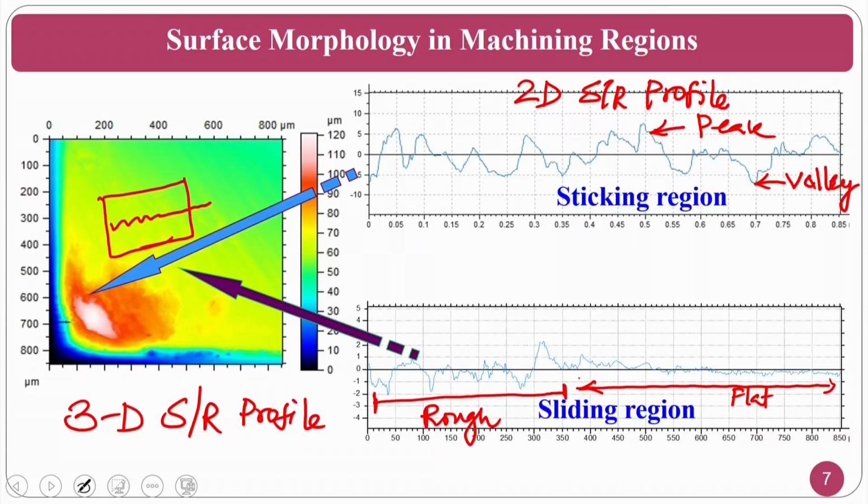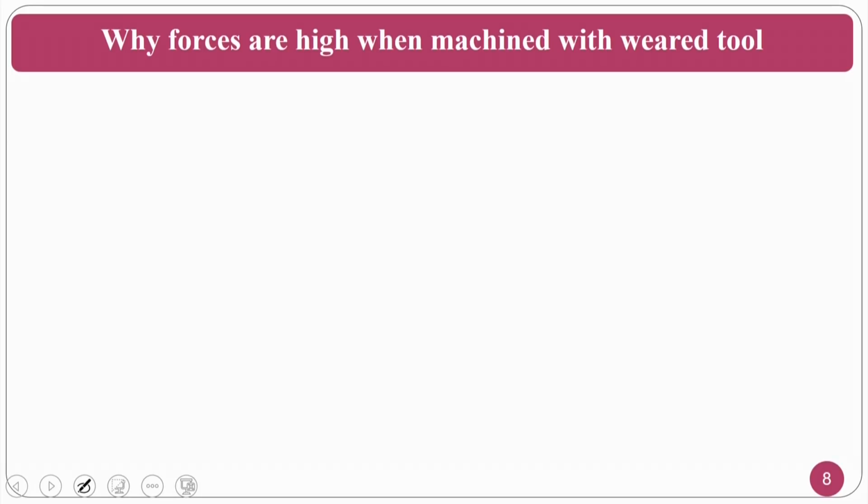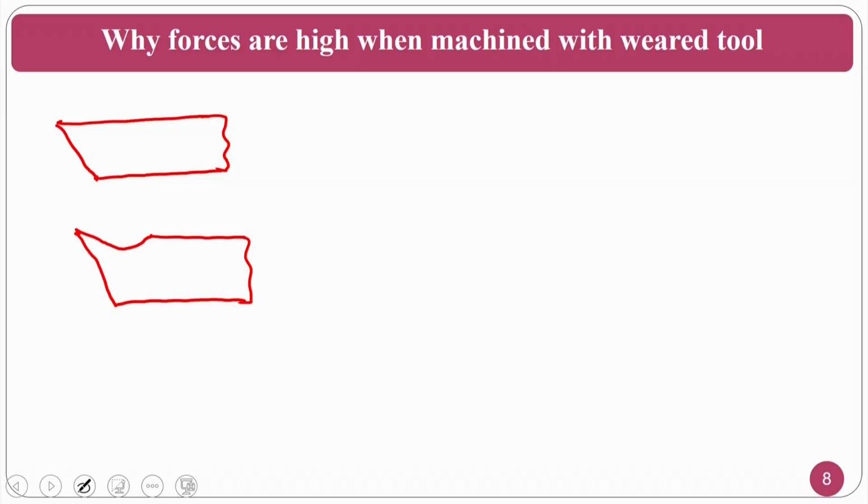Normally a common question is: why are the forces high when machining with a worn tool? Let me ask you a simple question. I have a zero rake tool, and I also have a positive rake tool. The rake angle alpha equals 0 for the first, and alpha is positive for the second.